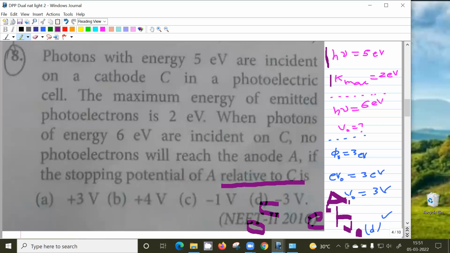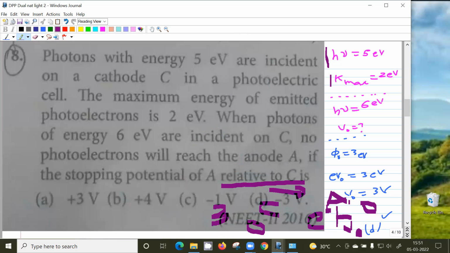Okay. What if they ask C relative to A? It will be opposite. That means A is grounded, so A is 0 volts. Okay, then the cathode should be plus 3. Only with the electric field in this direction will the electron experience a force towards the cathode and get attracted towards it.